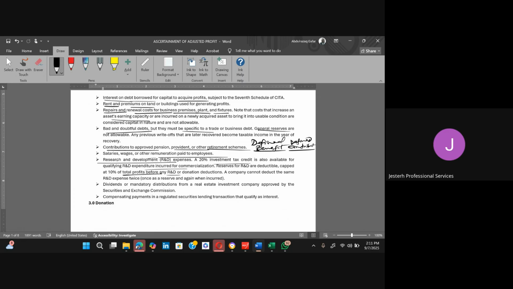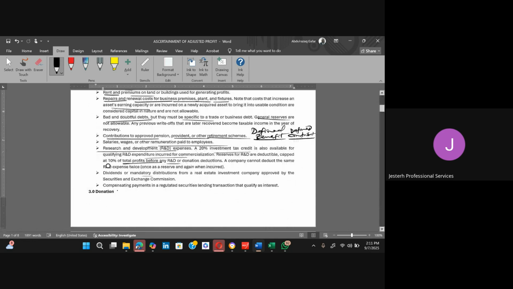Then the dividends or mandatory distributions from a real estate investment company approved by the SEC is also allowed, while the compensating payments in a regulated securities lending transaction. I've also explained this in one of our classes.